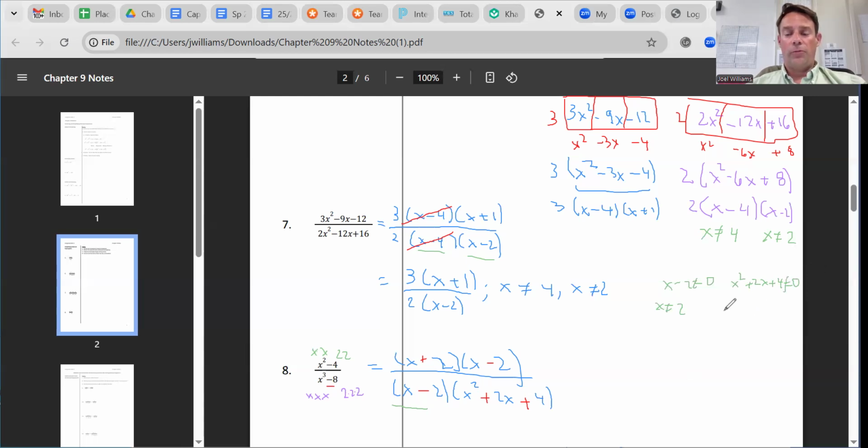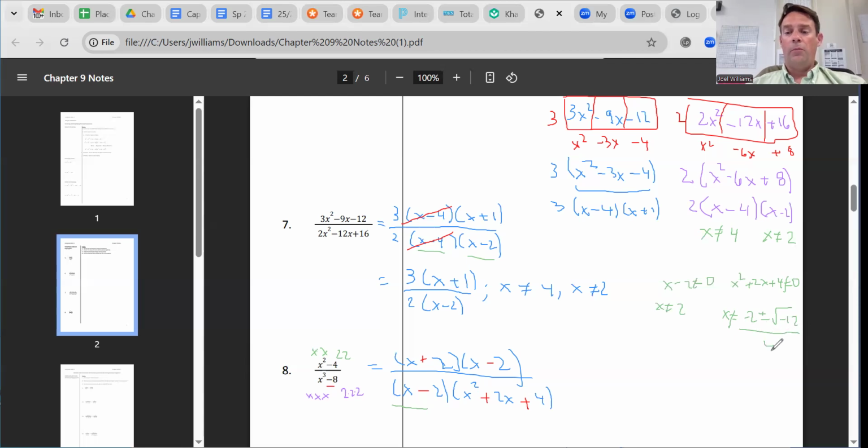And if you did the quadratic formula all the way through, you would find out that x cannot be equal to negative 2 plus or minus the square root of negative 12 all over 2.